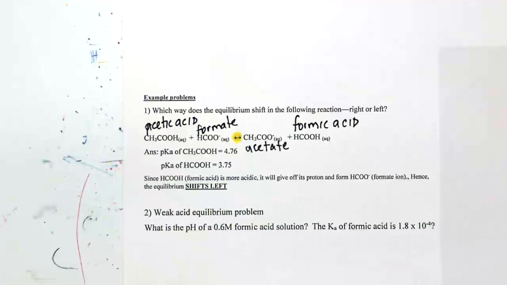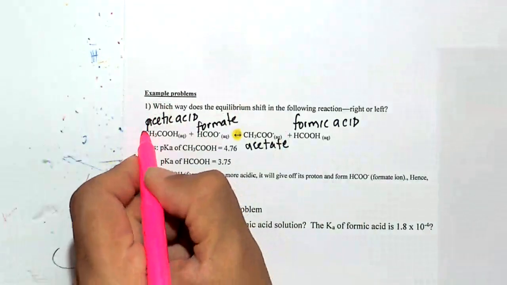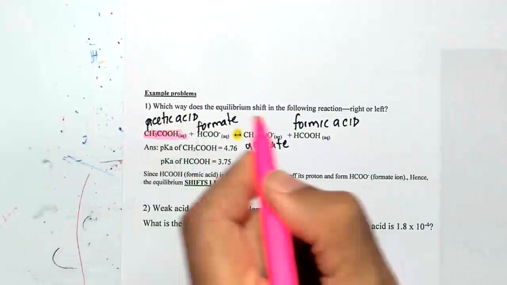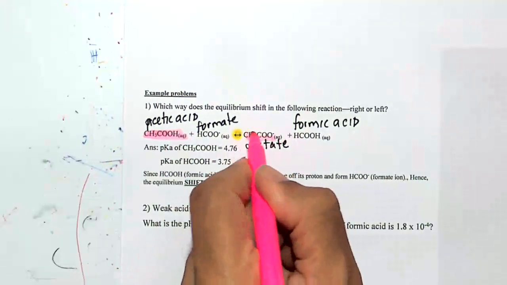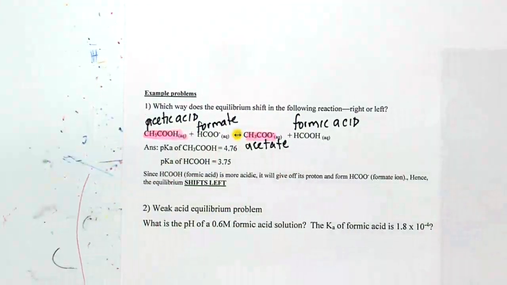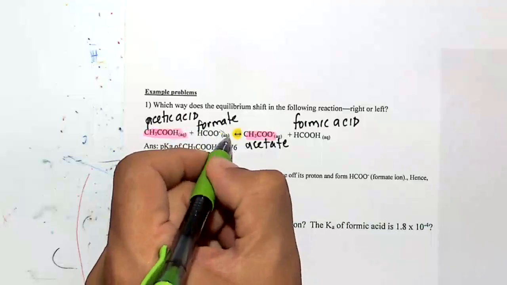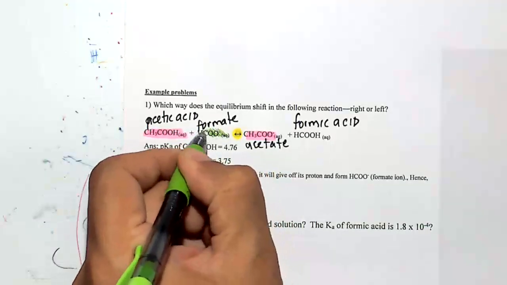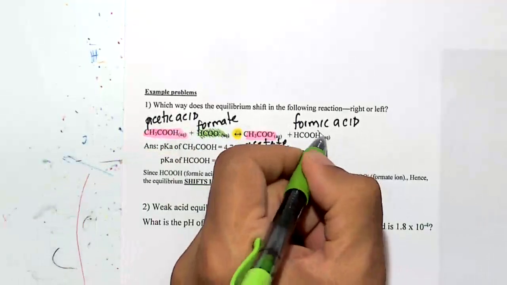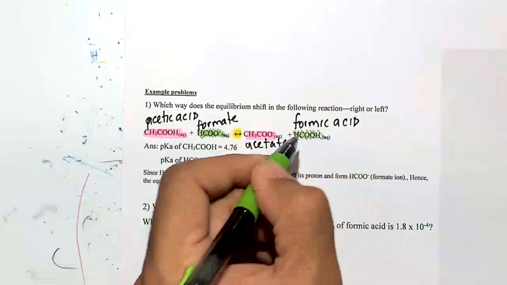Okay, so you should be able to identify the conjugate acid and base pairs. If this is the acid, what is its conjugate? Acetate, right? If formate is the base, what is its conjugate acid? Formic acid. Okay?